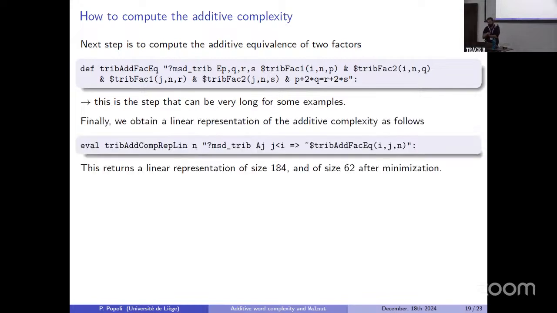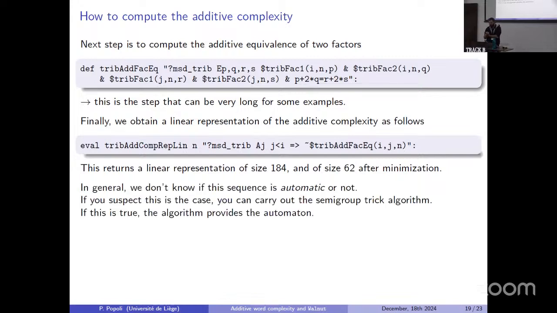And then we can also obtain a linear representation of the additive complexity in Walnut. This provides a linear representation of size 184, and just with a minimization algorithm, it reduces to size 62. And then we only know that the additive complexity is regular, but you can apply an algorithm called the semigroup check algorithm.